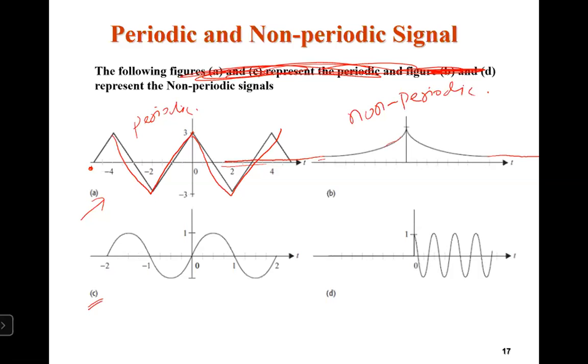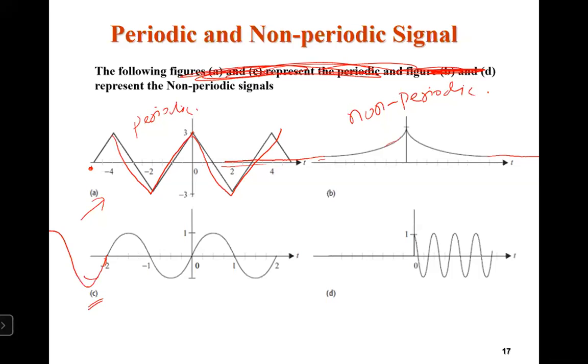Third one, option C. Sir, C is ending, not everlasting. No, C is also everlasting. I'm talking about option C. The figure is obviously shown only a little portion, but after minus 2 also the curve is there like this.